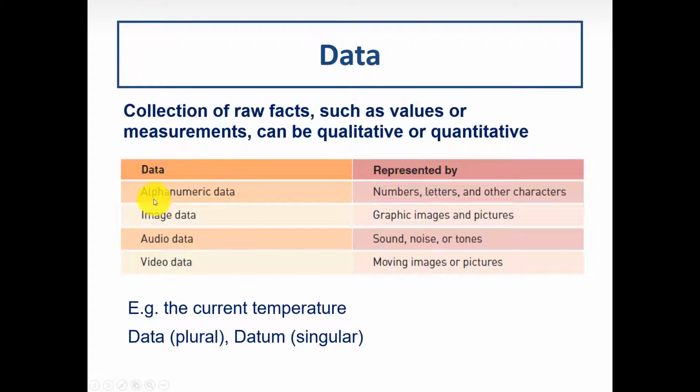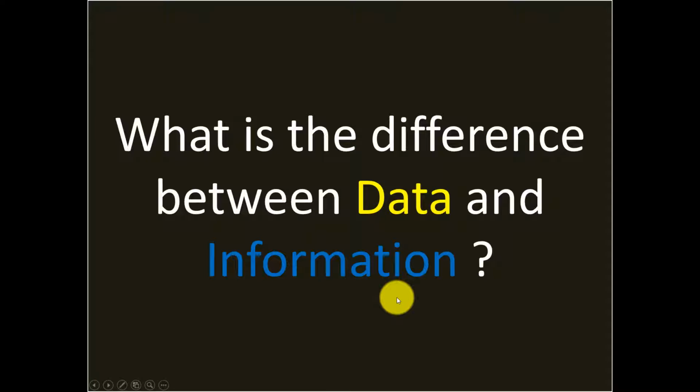Alphanumerical data means letters and numbers. So numbers, letters, other characters. Maybe here the question that you're asking is, what is the difference between data and information? And I have an example for that.